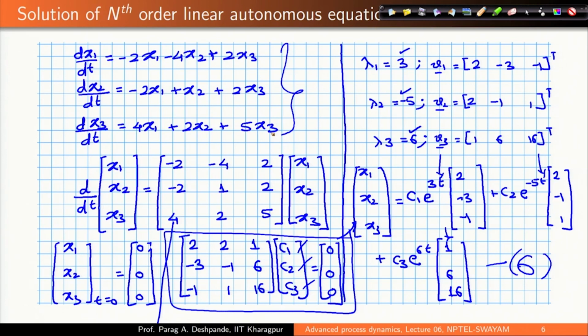So, now we have a method by following which we could easily determine the solutions of an nth order dynamical system, which can be cast as dx/dt = Ax, which looks like an eigenvalue problem, which in fact is an eigenvalue problem.